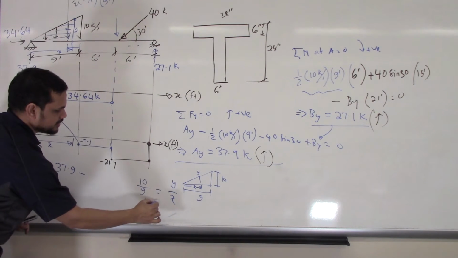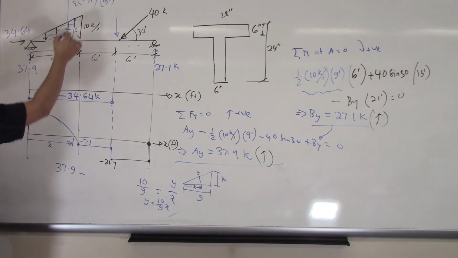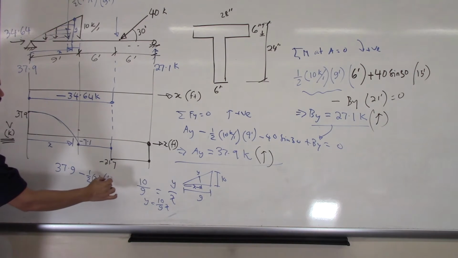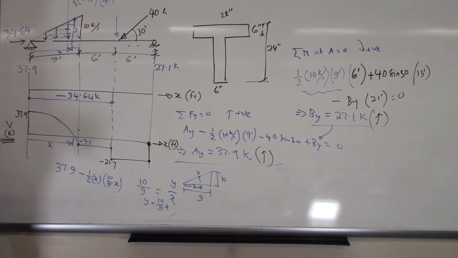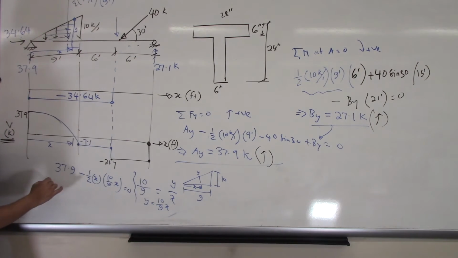So my y becomes 10 by 9 x. So this value is 10 by 9 x. So my load is 37.9 minus x times 10 by 9 x, with the whole thing equal to 0.